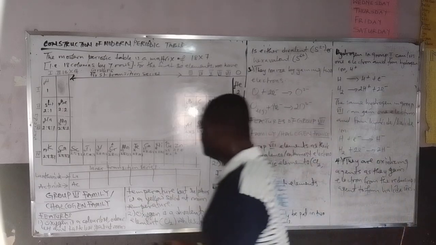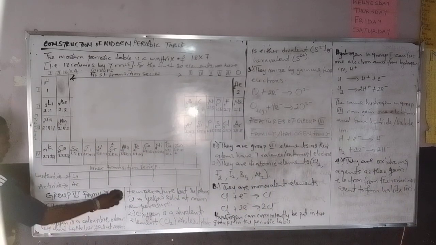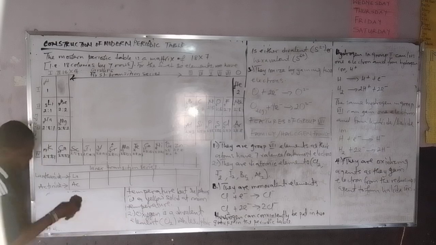Let's go back to board 1. Features of noble gases, or rare gases, or inert gases.